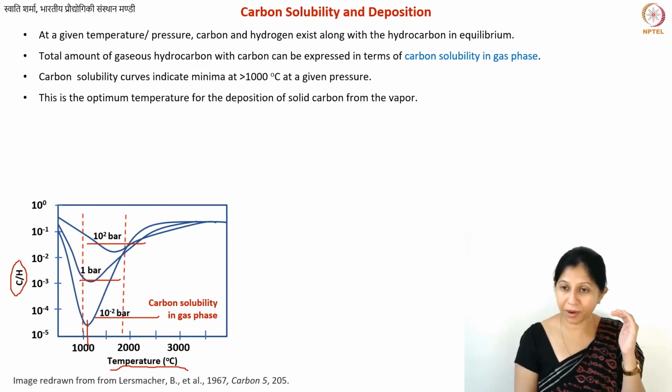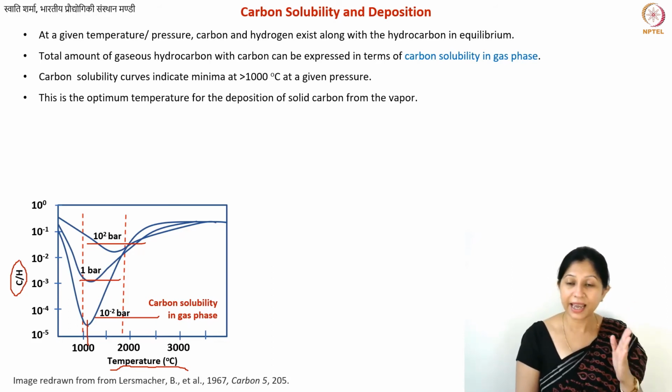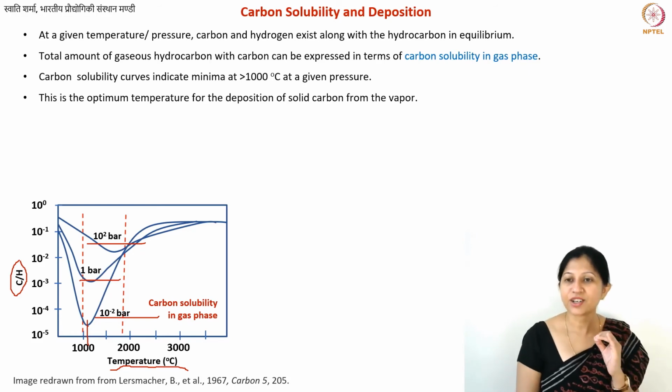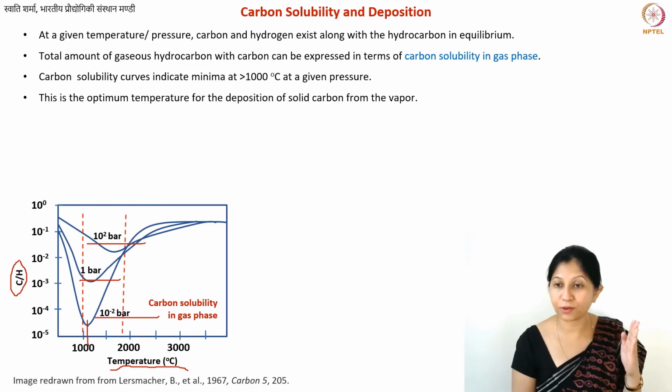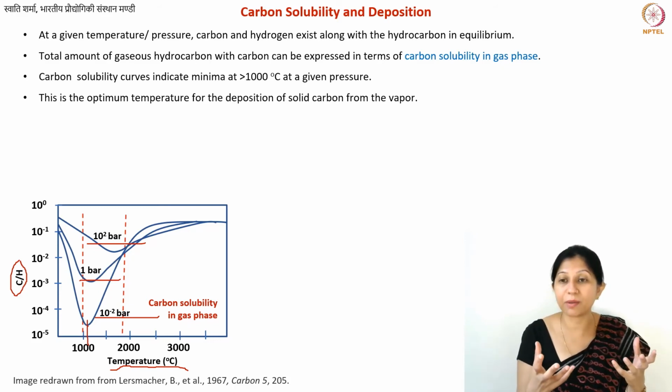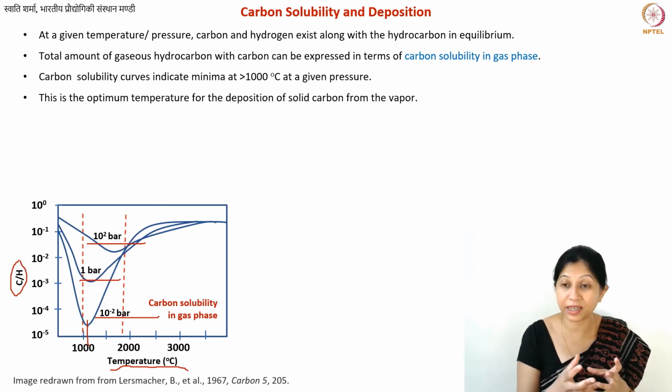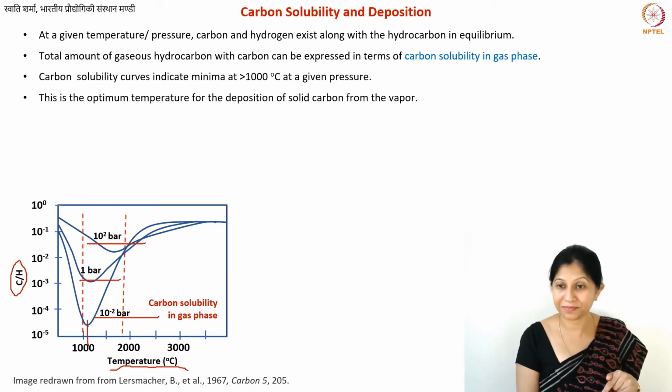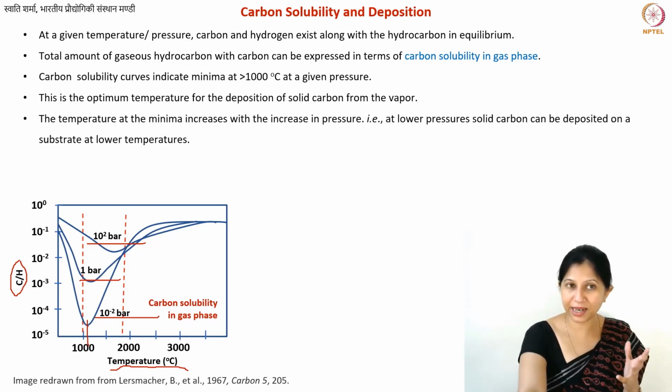If we go to 10⁻³, 10⁻⁴, 10⁻⁵ and so on, in the millibar pressures, you can shift your curve further towards the left. So at 800 degrees, for example, you will be able to collect the carbon deposited from your methane. This is basically the idea.